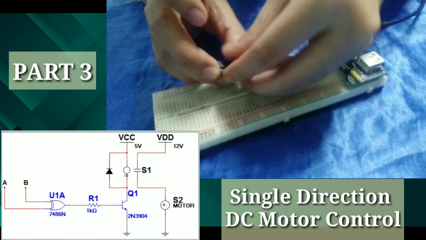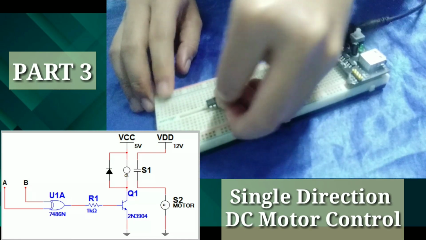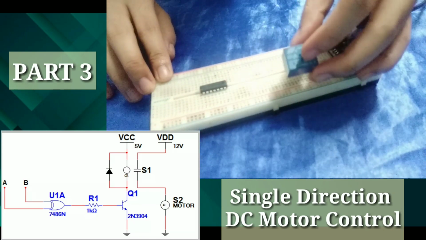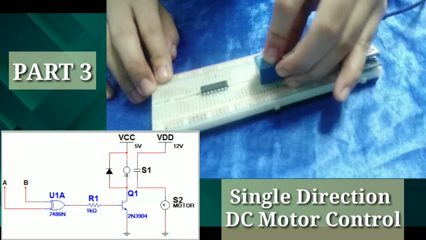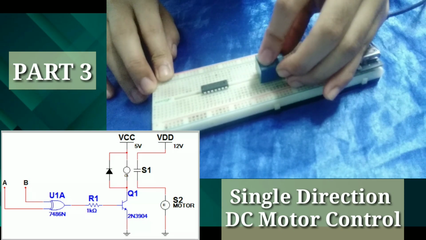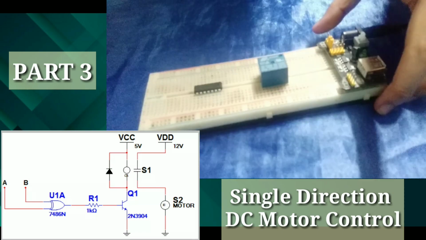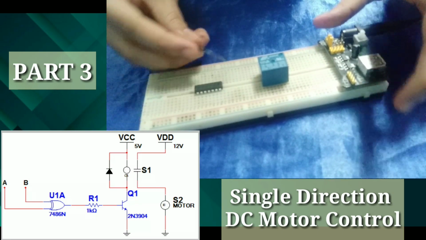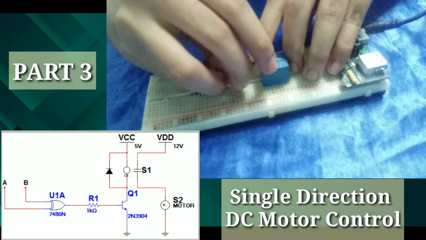For our part 3, single direction DC motor control, we will just be following the circuit diagram shown in the video to construct our circuit. We will be needing a 7486 integrated circuit, a relay, it should be 12 volts, a 1 kilo ohm resistor or maybe less than 1 kilo ohm resistor, a transistor, specifically a 2N3904 transistor, and a silicon diode.